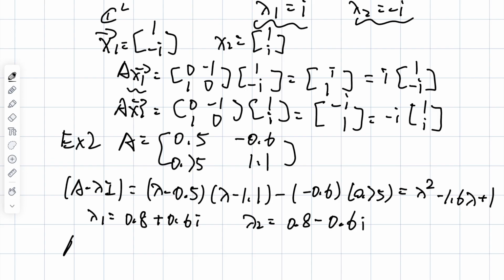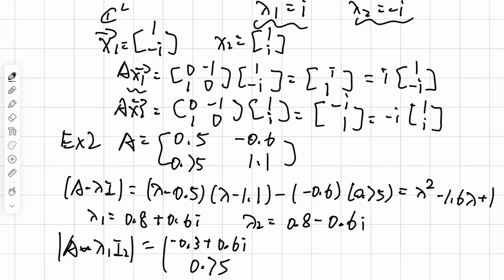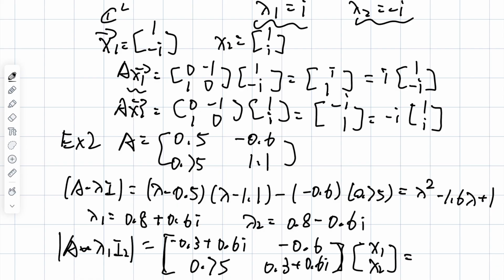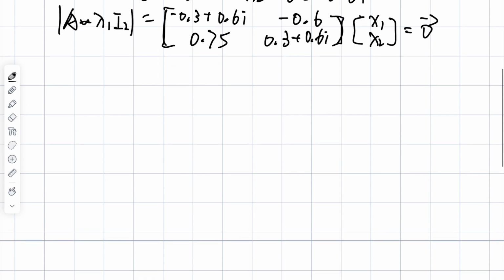And then we try to find the basis for the eigenspace by using A minus lambda I, which is [-0.3 plus 0.6i, 0.75; -0.6, 0.3 plus 0.6i]. This matrix times some (x1, x2) gives you the zero vector.